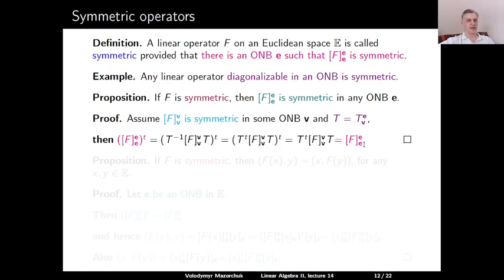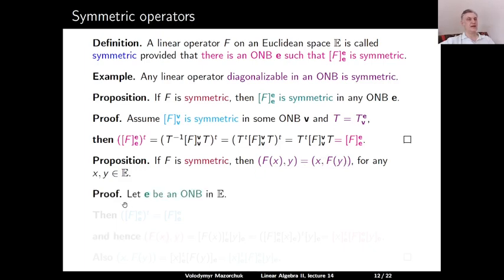This also gives another nice property of symmetric operators. If F is a symmetric operator, then for any pair of vectors x and y in our Euclidean space, the scalar product between f of x and y is equal to the scalar product between x and f of y.